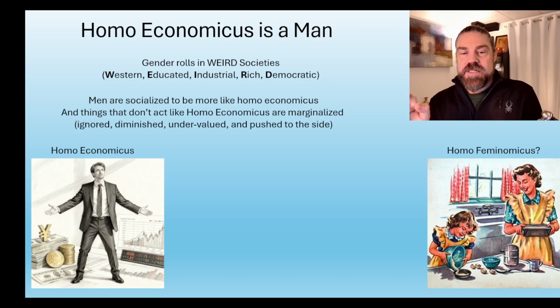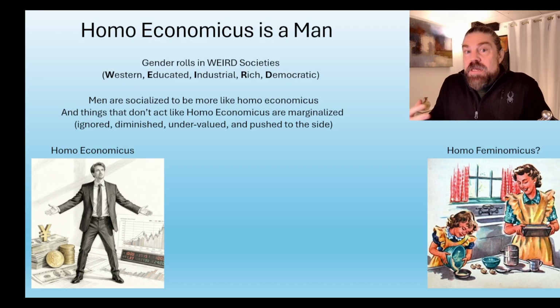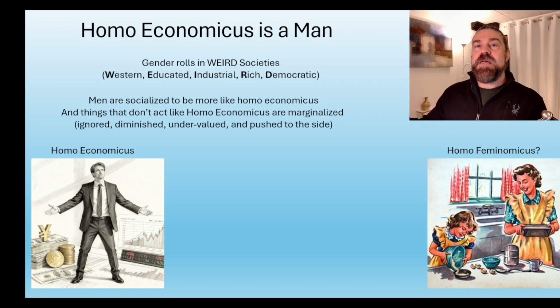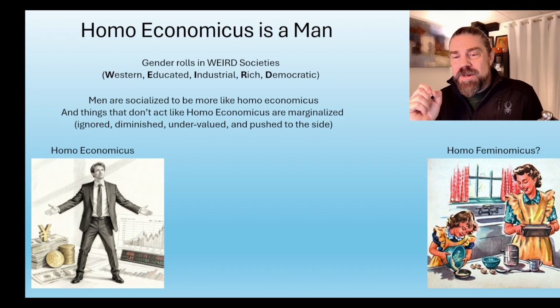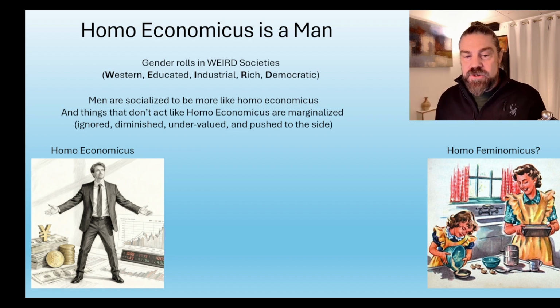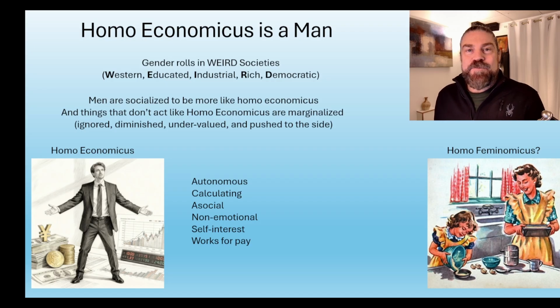So let's think of this. Men are socialized to be Homo economicus, and things that don't act like Homo economicus, because neoclassical economics really became hegemonic, get pushed to the side and undervalued. Okay, so let's remind ourselves what these things that act like Homo economicus act like. What are men socialized in weird societies to act like?